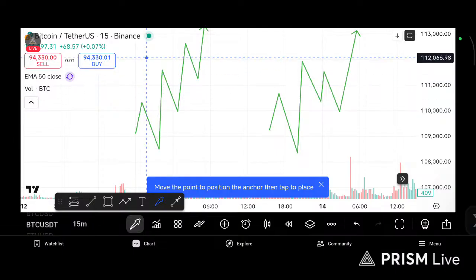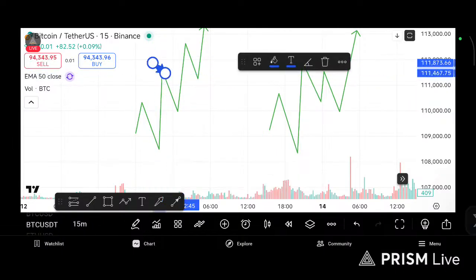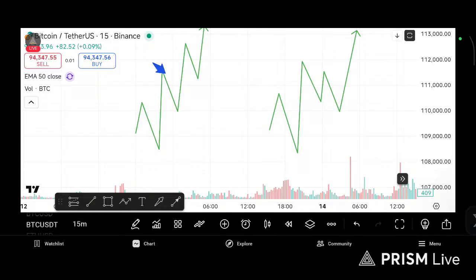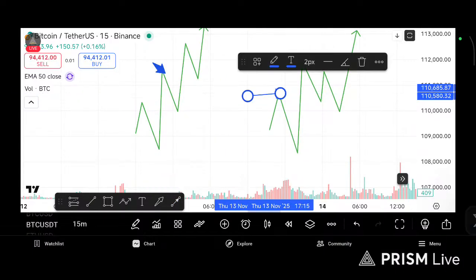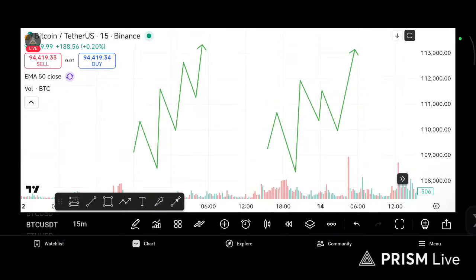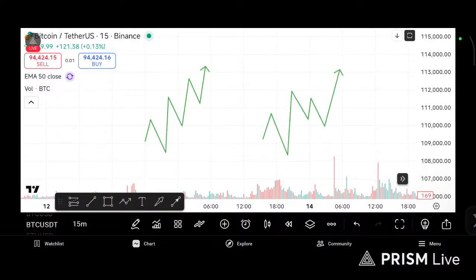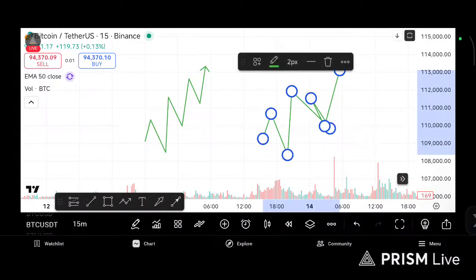You have seen this point. So these are the two types of liquidity.